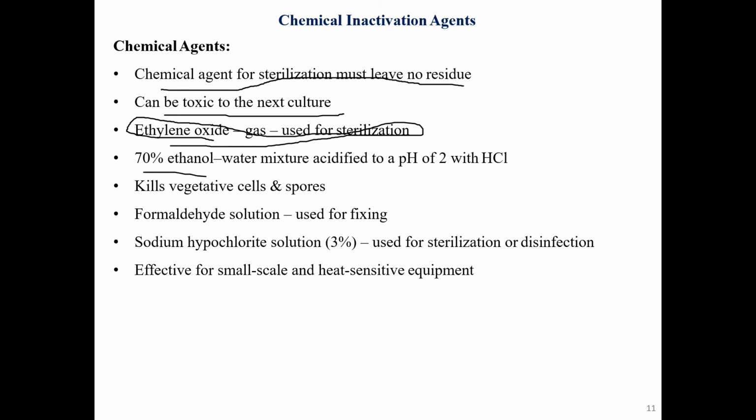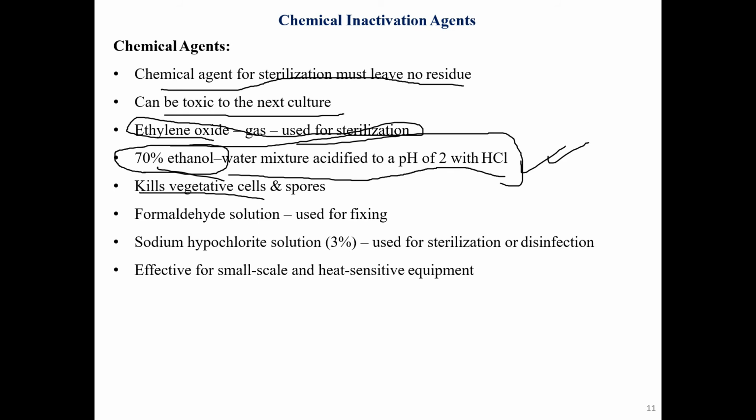Also, 70% ethanol-water mix acidified to pH 2 with HCl is a deadly combination for ensuring sterilization. So 70% ethanol is basically maintained at pH 2 when we add HCl.